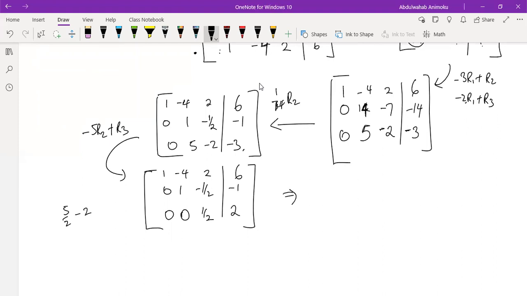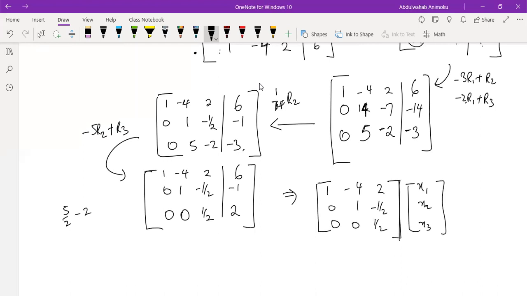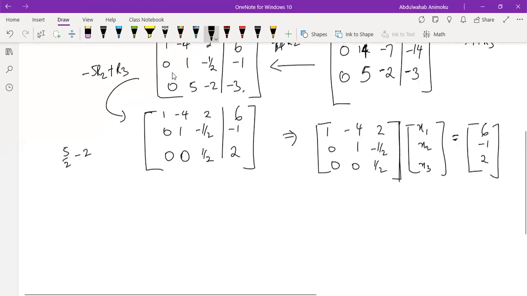This means that the initial problem we have is equivalent to solving this coefficient matrix with the column vector on the right-hand side. So now it is easier to solve this.